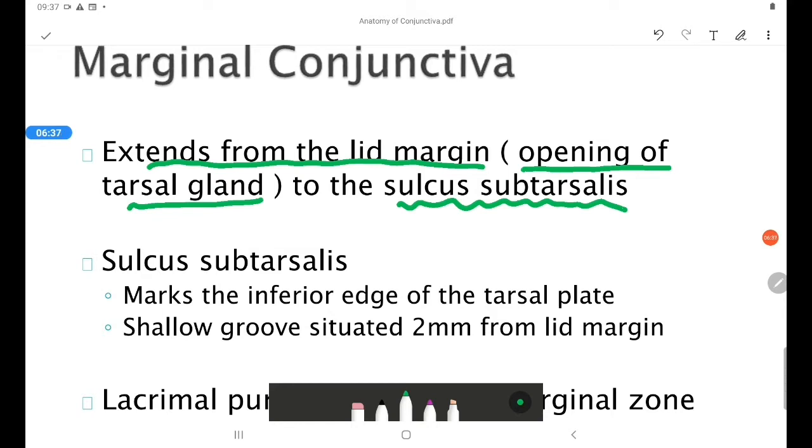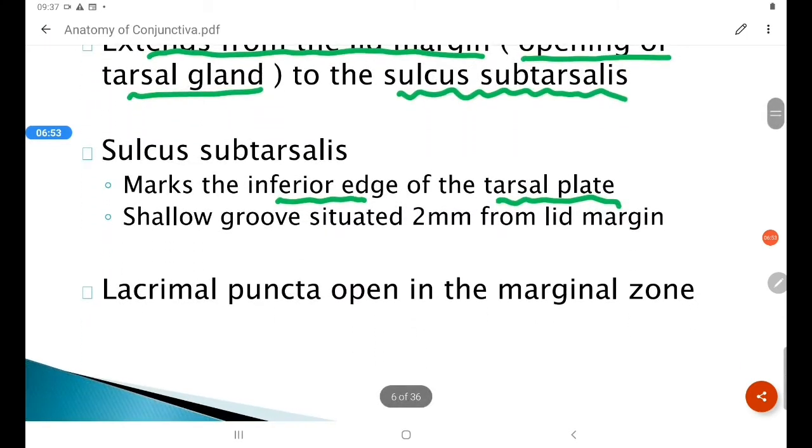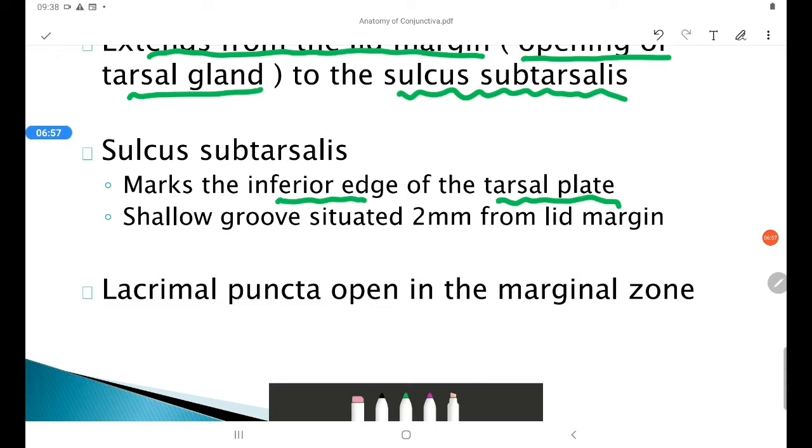Now the sulcus subtarsalis marks the inferior edge of the tarsal plate, and it is a shallow groove situated 2 millimeters from the lid margin, and it is actually the lacrimal puncta that opens in the marginal zone.